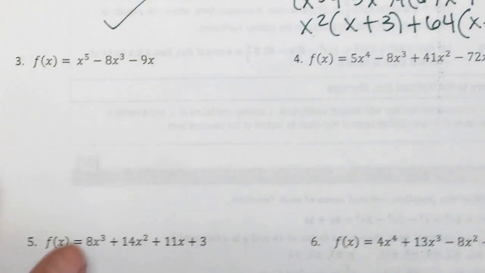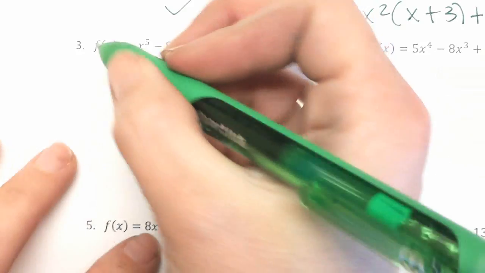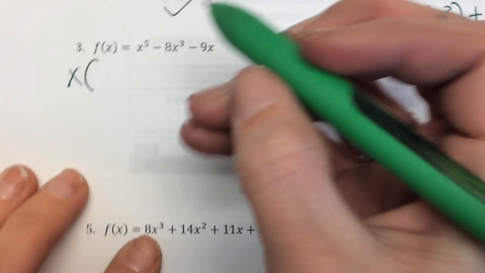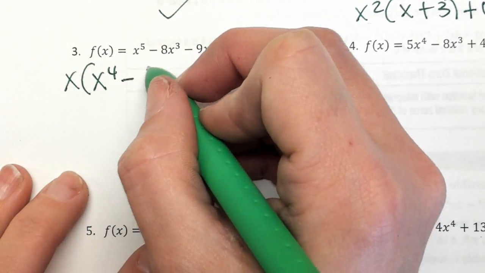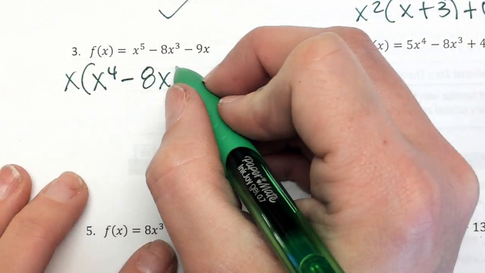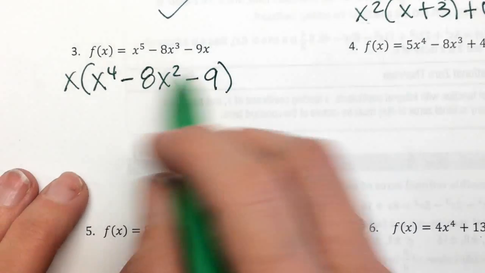Alright, next one. What should we start by doing? Number 3. Nope. Yes. We can factor this one, right? We can take out an x. What would be in the middle? 8 what? Alright. Can we factor this part?